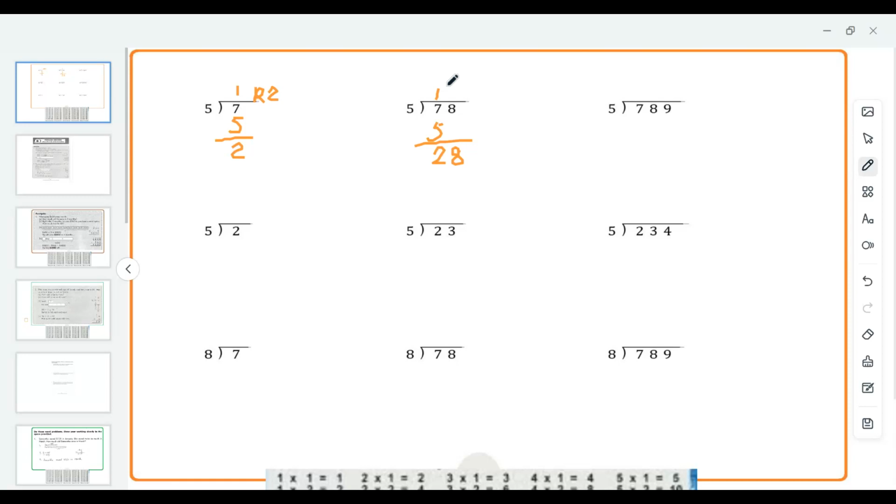There are 5 5s in 28. So 5 5 equals 25. 25, writing down here, right? 28 take away 25. Left is 3.